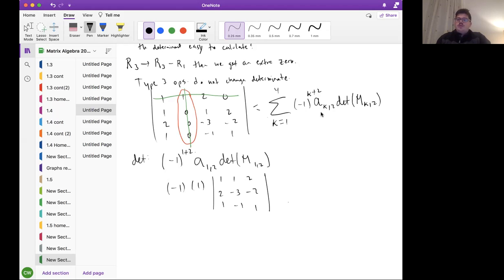Does that make sense? Why this is cofactor expansion about the second column? Does that part make sense?